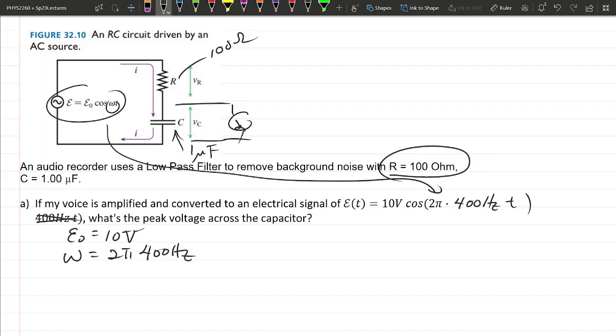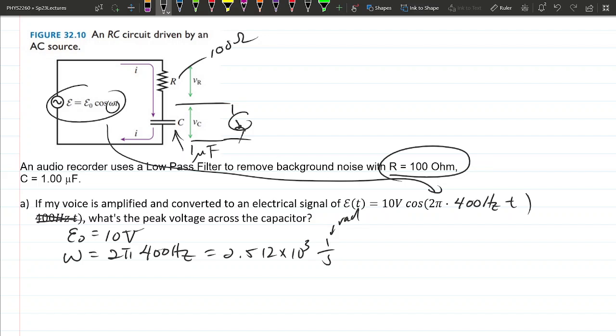If I multiply those together, the angular frequency is going to be 2.512 times 10 to the 3, and this has units of 1/second. We can put the radian in if we want, but usually we try not to, because it's confusing to think about in terms of radians. But it is kind of like an oscillation that's going around in a circle.